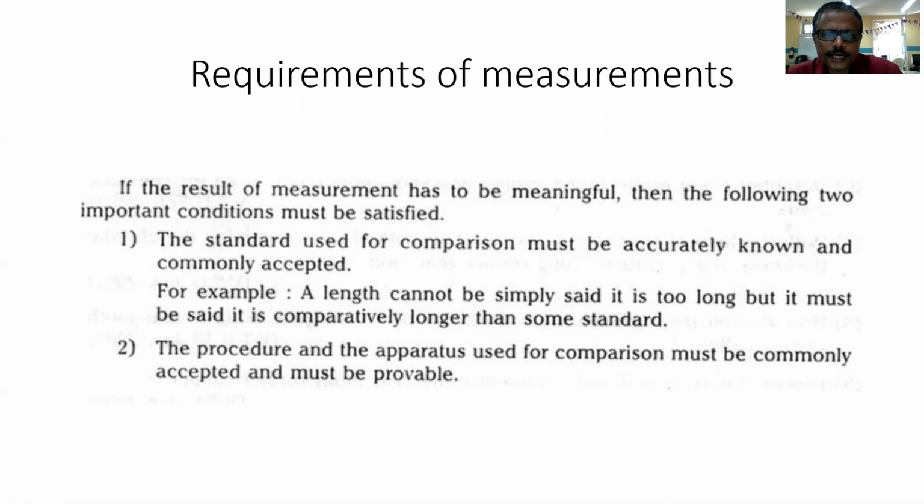Similarly, the apparatus used for comparison must be provable. If the question is asked regarding the accuracy of the instrument, that also should be provable. So these are the requirements of measurements.